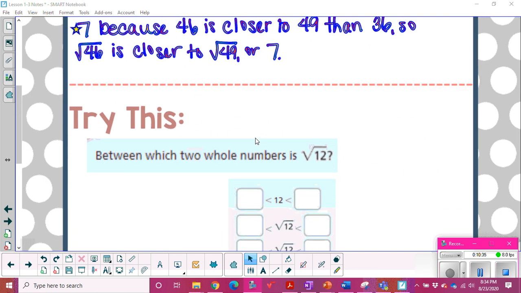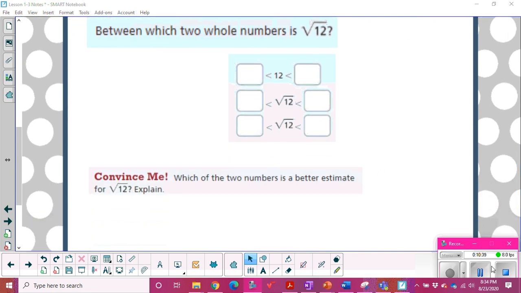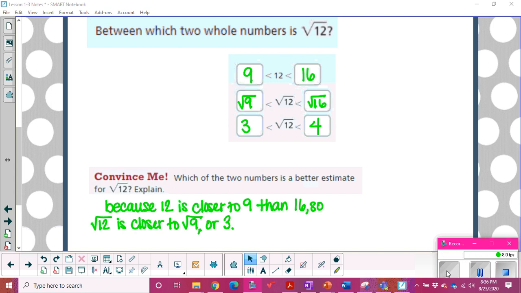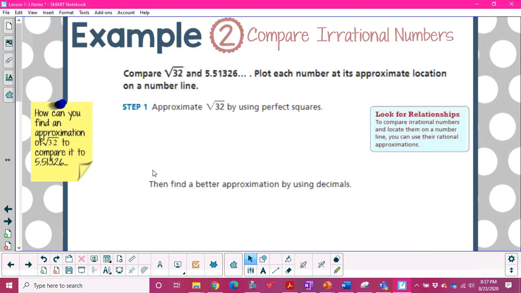I want y'all to pause the video and try this example by yourself and then unpause to check your answer. Here's the answer. It is between 3 and 4, and it is closer to 3 because 12 is closer to 9 than 16. So the square root of 12 is closer to the square root of 9, which is 3.